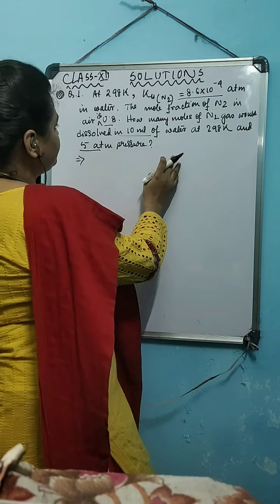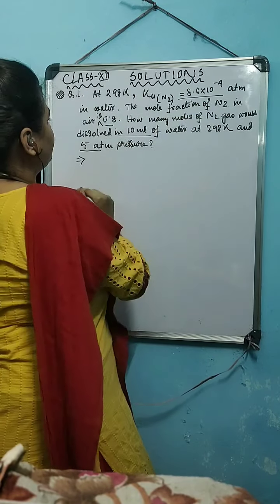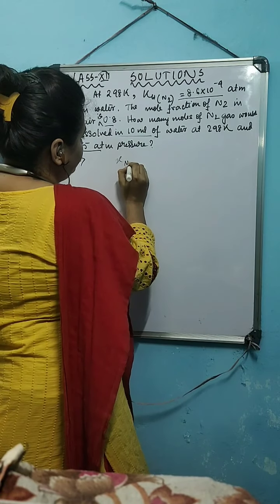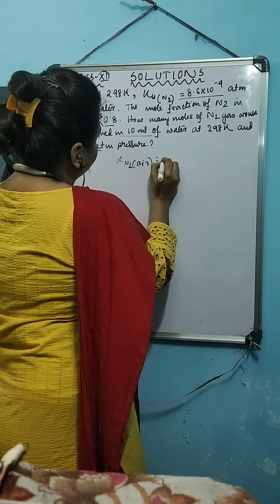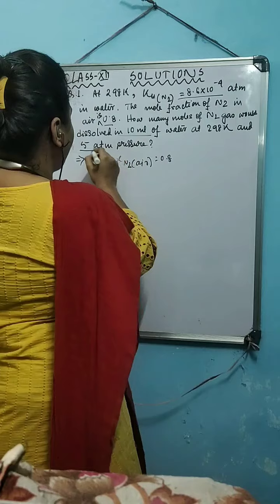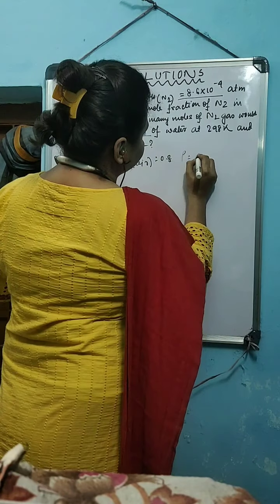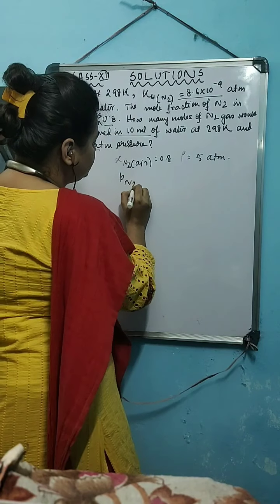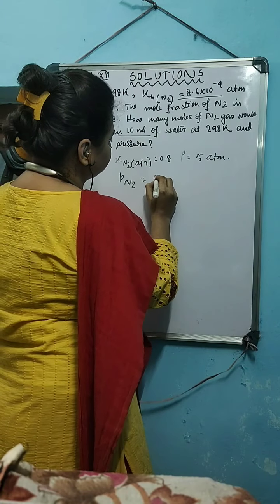Now I already have my mole fraction of nitrogen in air, which is x of N2 in air, 0.8, and I also have the atmospheric pressure, which is 5 atm. So very easily I can find out the partial pressure of nitrogen.